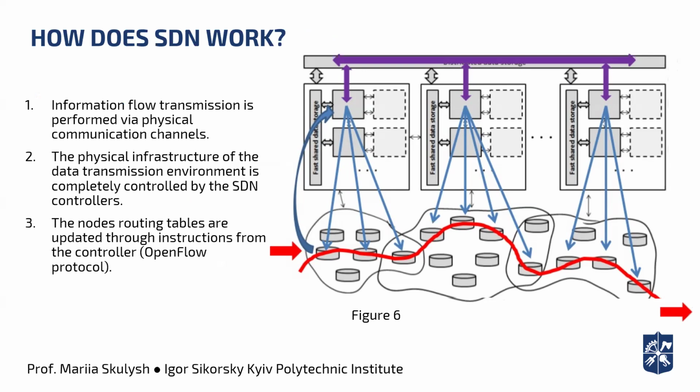According to how SDN works, you can see that we have some nodes and some controllers which cover different nodes and groups of nodes. When the first request comes to a node that doesn't have information, it sends a request to the controller.